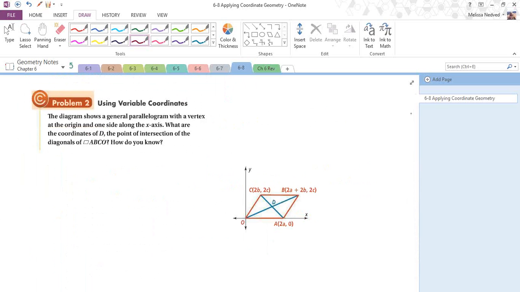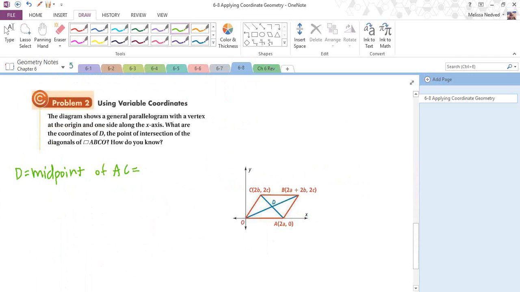So you can use your midpoint formula, and you can use either AC or OB and plug in what you know about the midpoint. So I'm going to use AC. I'm going to say D is equal to the midpoint of AC.